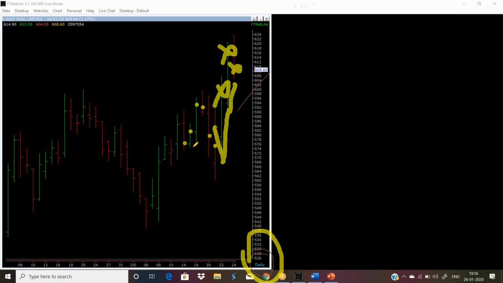So this way you can take a simple moving average, but we don't have to calculate. We have to just understand, because software will give you a ready-made reading. So instead of calculating, I will add this directly.